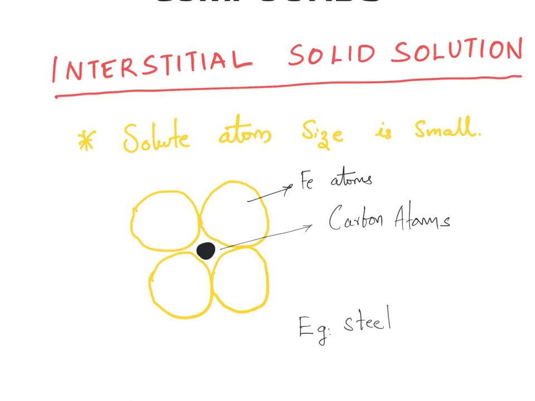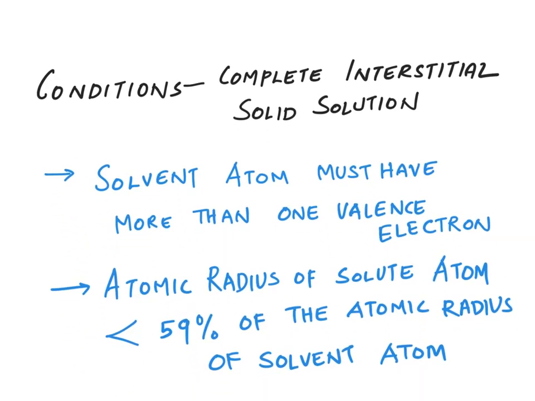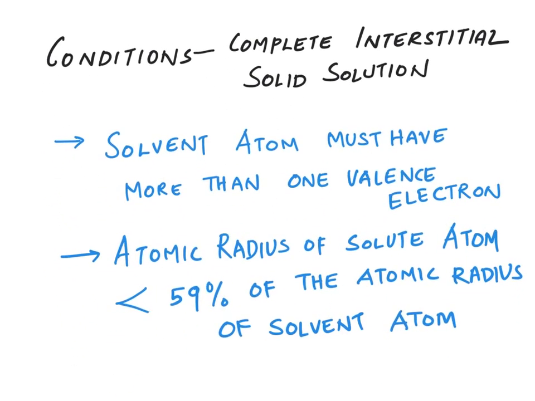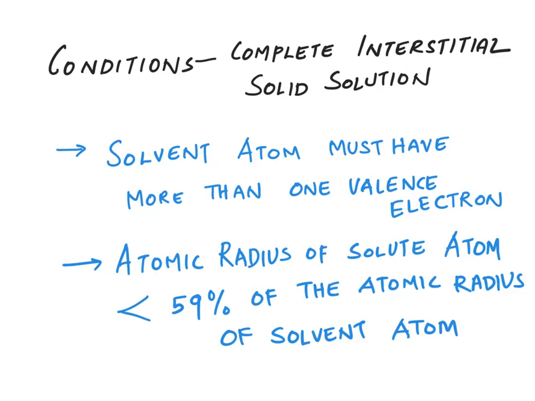Here also, as we talked about Hume-Rothery conditions which should be satisfied to form a substitutional solid solution, we have certain conditions. Again, they are all pretty much common sense related conditions. So here are those conditions. First one, the solvent atom must have more than one valence electron. The next condition is that the atomic radius of the solute atom should be less than 59% of the atomic radius of the solvent atom.